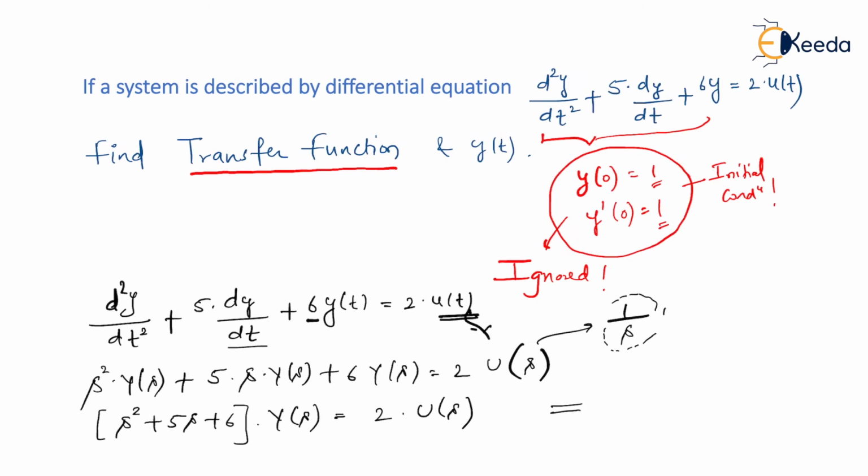See, if I want to get a transfer function out of it, then transfer function is nothing but Laplace of output, which is nothing but y of s, divided by Laplace of input, which is nothing but u of s. So whatever equation that you have, let me name this as equation 1. In this equation 1, you have to take this ratio, and whatever you get, it is nothing but a transfer function.